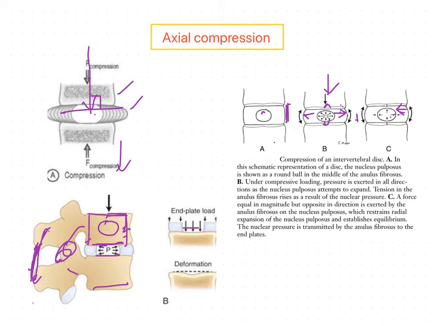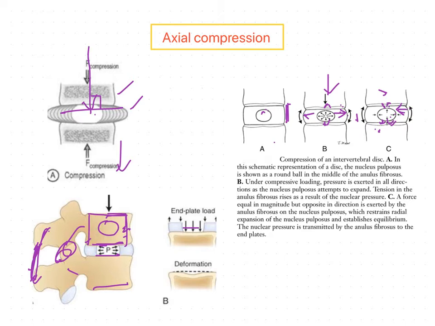So whatever forces act at the end plates are transmitted to the superior and inferior vertebral bodies. The annulus fibrosus is under tensile stress and thus is able to better resist the compressive load.